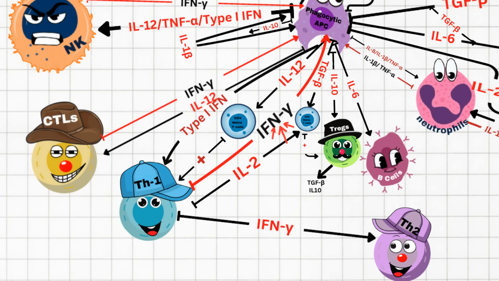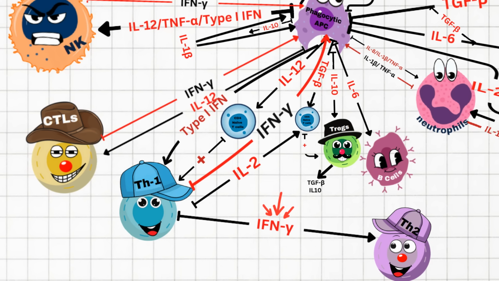It also inhibits the differentiation and function of T helper 2 cells, promoting a cell-mediated immune response over a humoral response. This is crucial because the activation of T helper 1 cells, or T helper 2 cells, leads to the suppression of the other, ensuring that both cannot be activated at the same time.